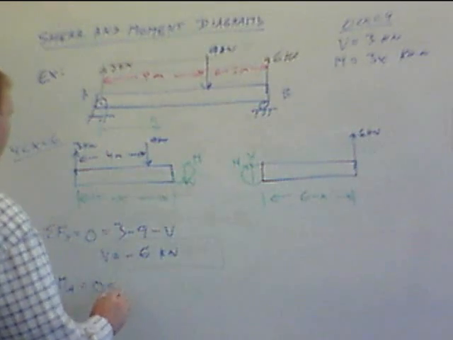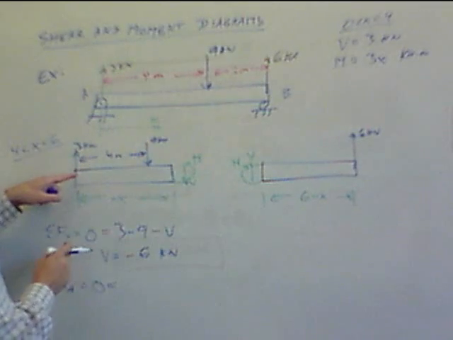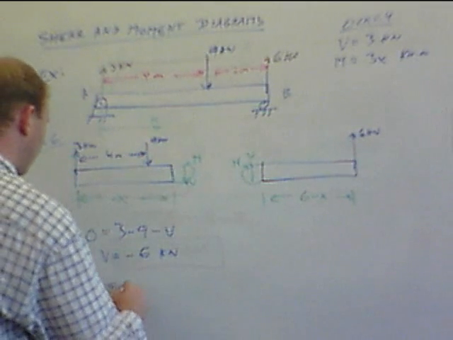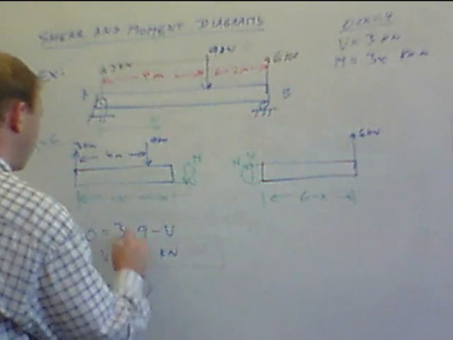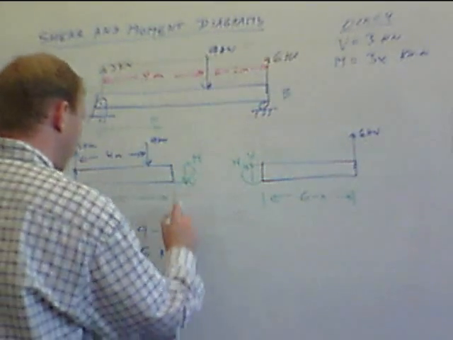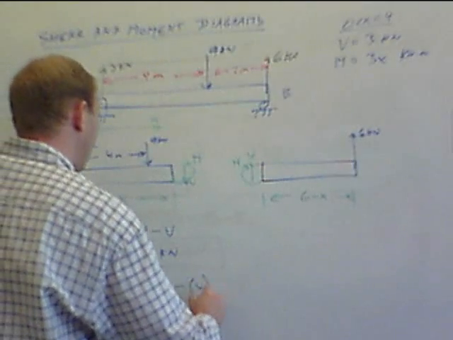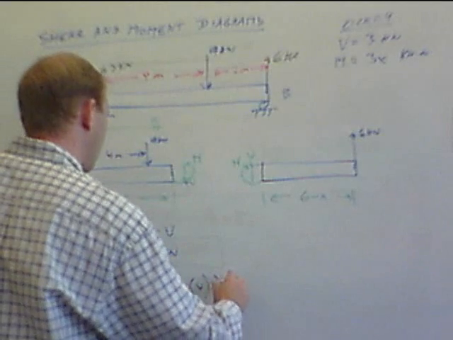So a moment about A, we have the 9 kilonewton force rotates this way, so that's clockwise, so minus 9 times 4, plus, this is going clockwise, so minus, V times x plus M.